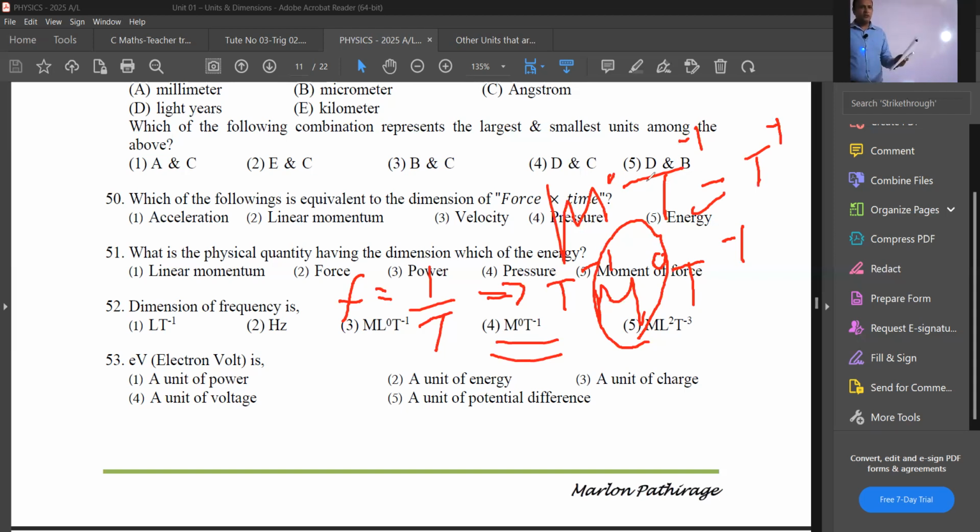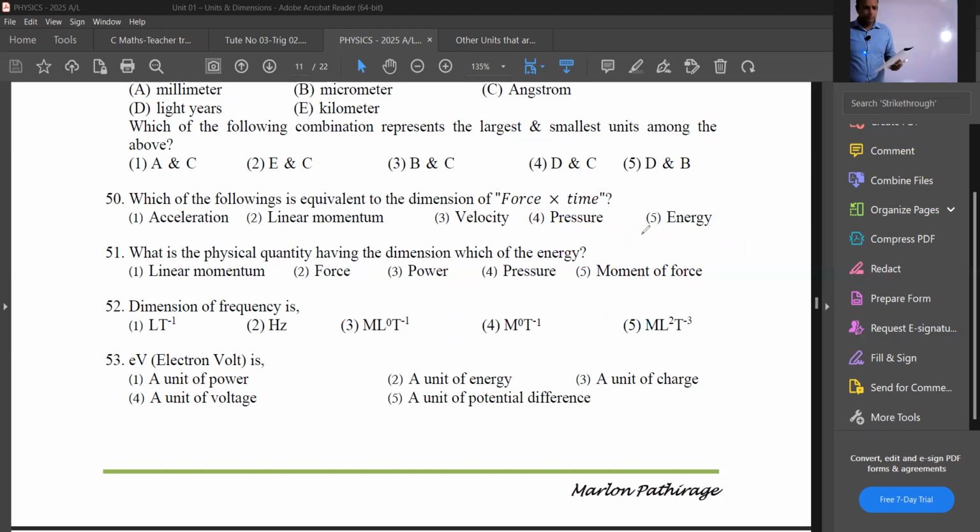So the dimension of frequency is this one, answer number 4. Did you get my point? Everyone, please give me the response. Yes, very good. Thank you.